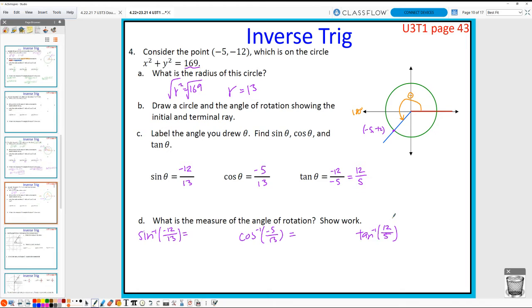So inverse sine of -12 divided by 13 is -67.4 degrees. Again, we just take the positive version for now. I know that some of y'all might not be happy with that, but that's what I'm going to do for now. Okay, inverse cosine gives 112.6, and inverse tan of 12 over 5 is the positive 67.4 degrees.